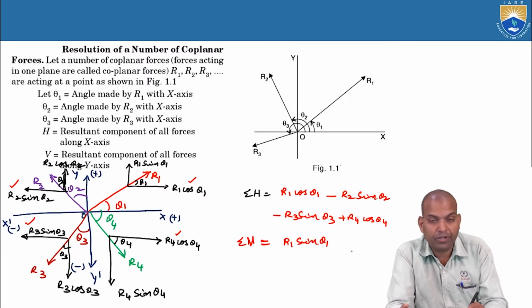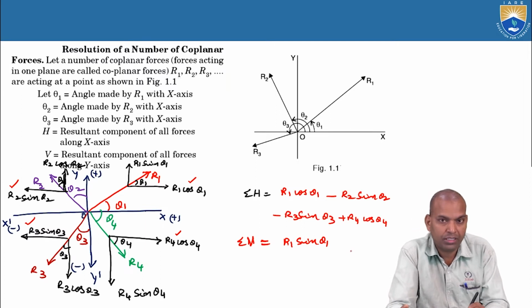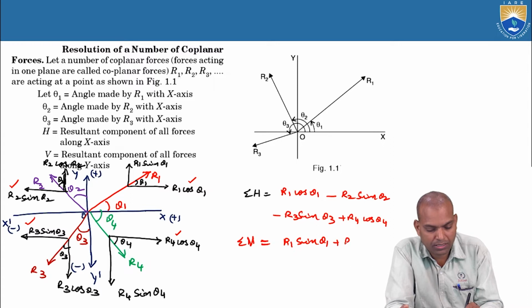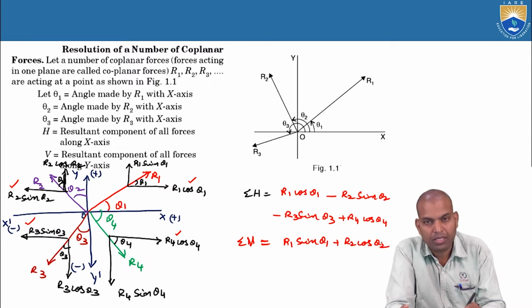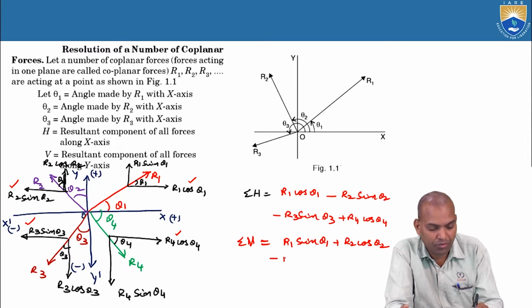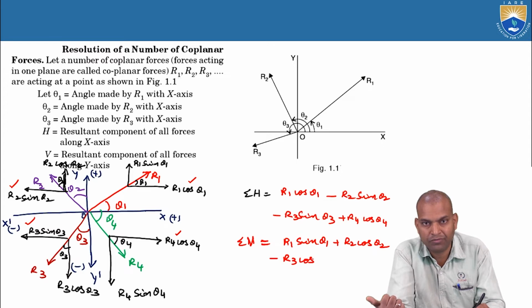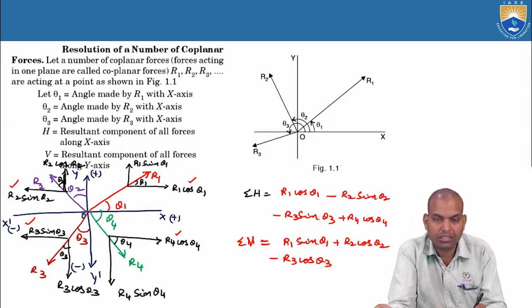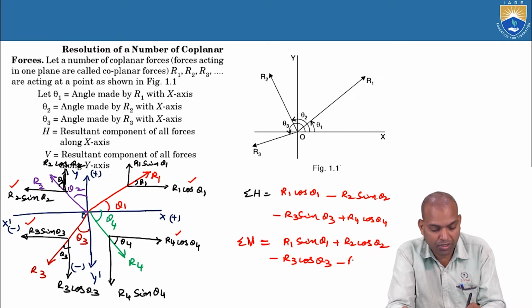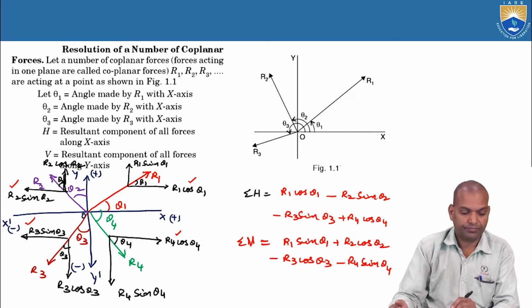Next, sigma V for R2, vertical component, that is plus R2 cos theta 2. Next, R3. What is the vertical force? Negative of R3 cos theta 3, because the direction of R3 cos theta 3 is negative Y. Next, R4: negative of R4 sin theta 4.